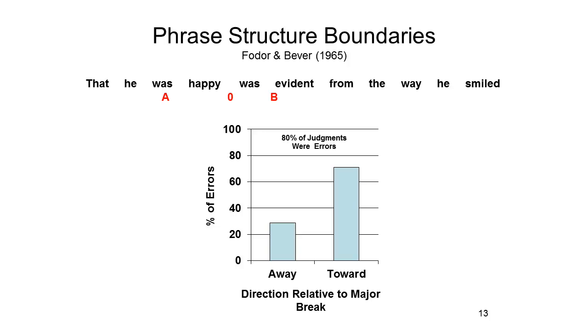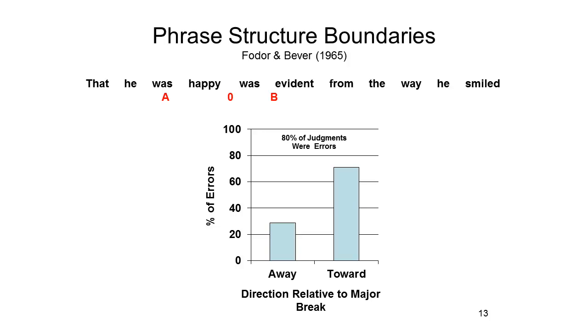Here is another experiment by Jerry Fodor and Thomas Bever, in which subjects were read sentences like, "That he was happy was evident from the way he smiled." There was a click, a noise, superimposed on the spoken sentence, and the subjects were asked to indicate where in the sentence the click occurred.